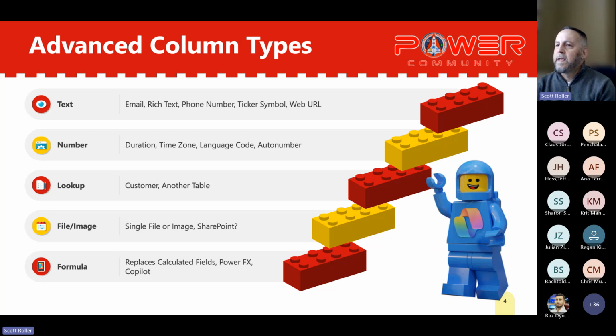It's just hard to get my brain to translate things the right way sometimes. But in a lookup, we're talking about either a customer type field, which is a preset field that can be related to an account or a contact. If you don't know that level of detail, I'll describe that real quickly. An account is generally a company that you're doing business with, or you want to capture data with, on a basic level.